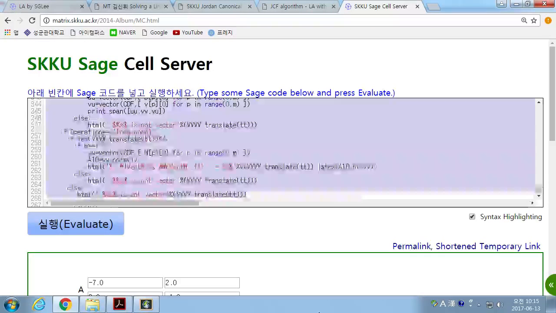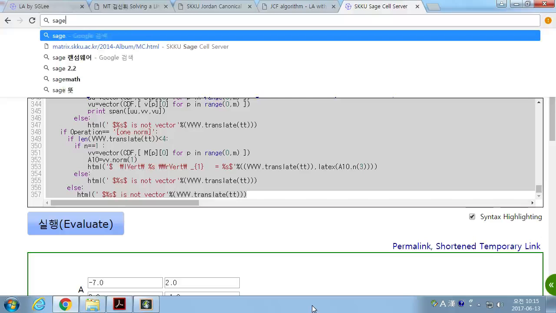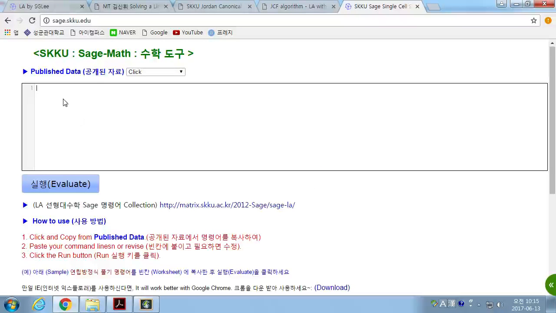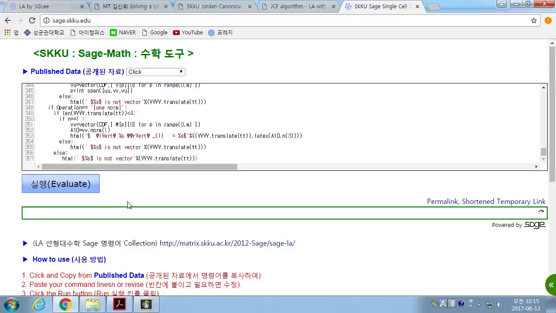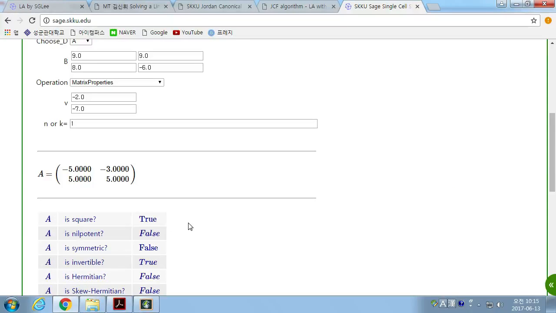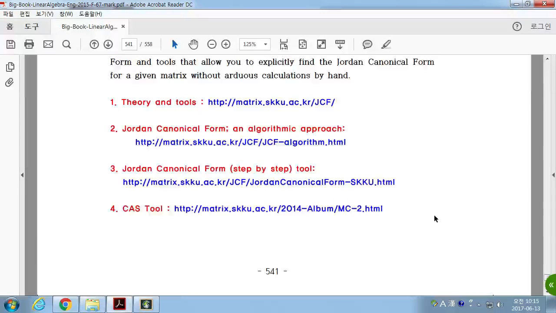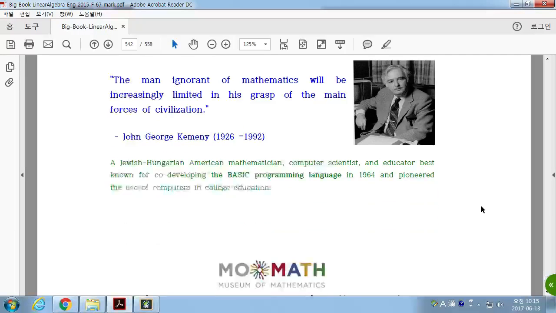If you copy all of this and go to sage.skku.edu, for example, and paste that command and run it, then you will have the same thing. Which means you already have a tool in your hand that you can use anywhere. That's the way to find the Jordan canonical form with the tools that you can handle.